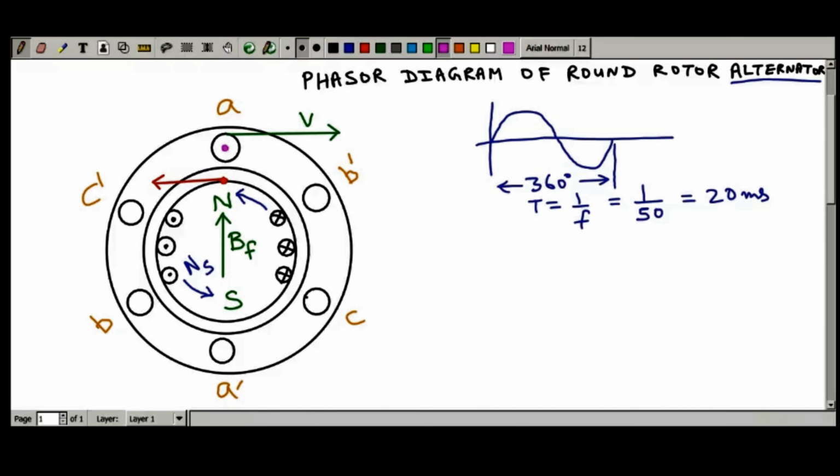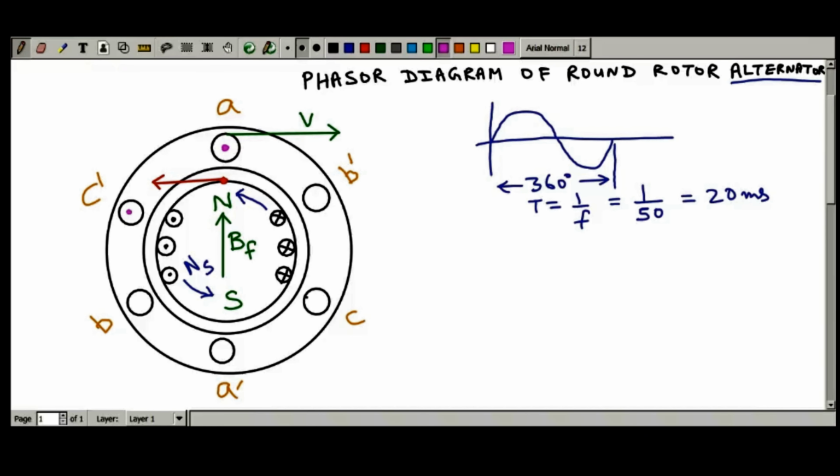Now if you carefully notice, you will find that coil side B dash and C dash are also under the influence of the north pole of the rotor. So they will also have dot.